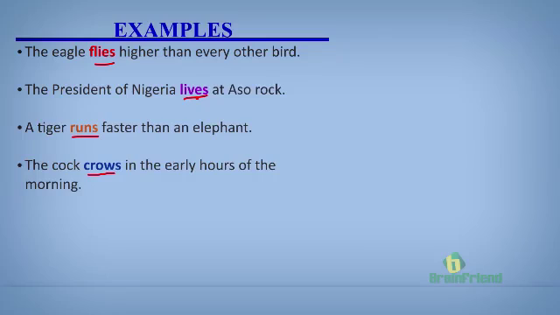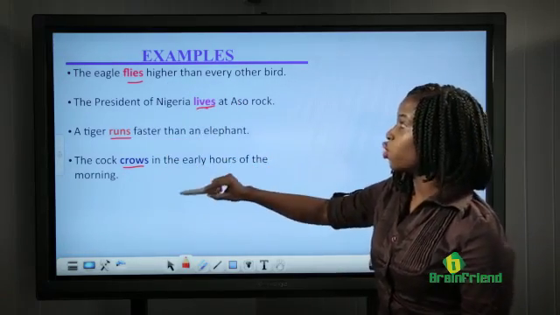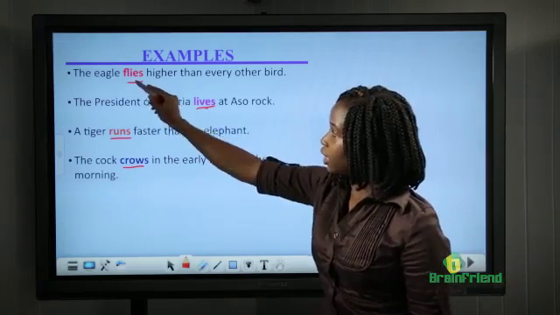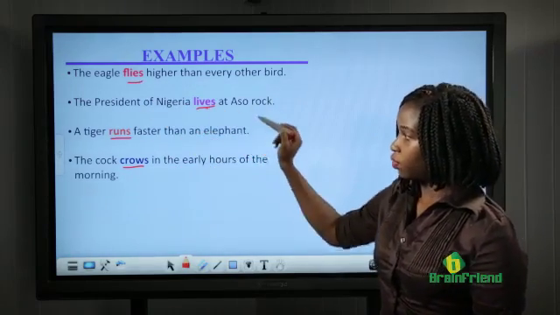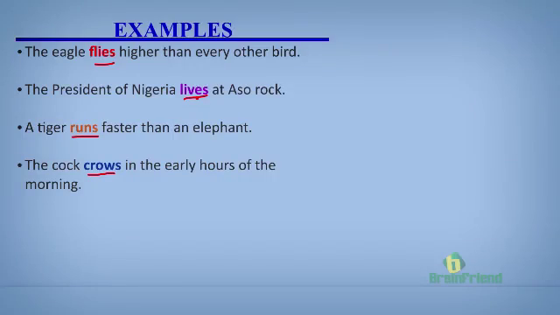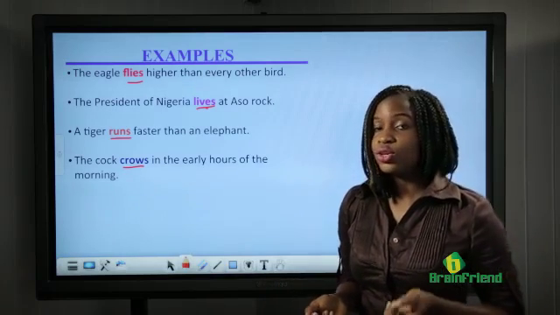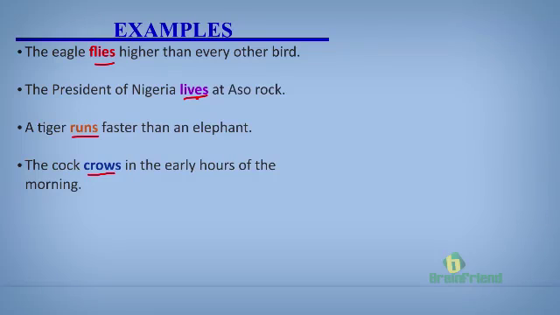Can you tell me why we used flies instead of fly? We can see that in all the verbs that we used in these sentences, we have IES here, S over here, S here, and S. Remember, we learned that when you talk in the third person singular, you add S or ES to the verb.